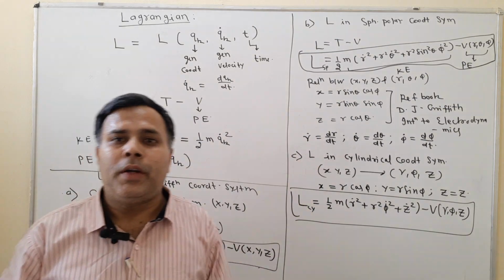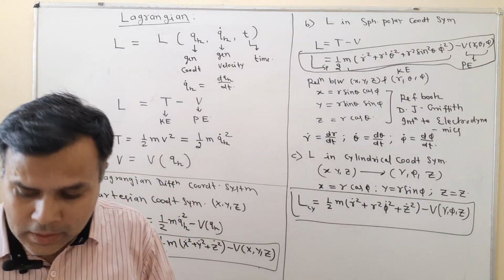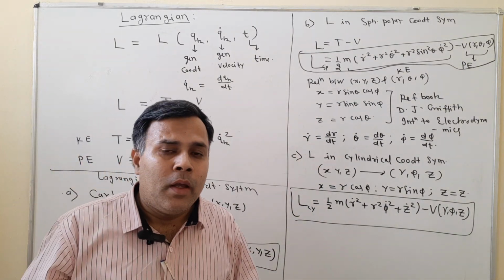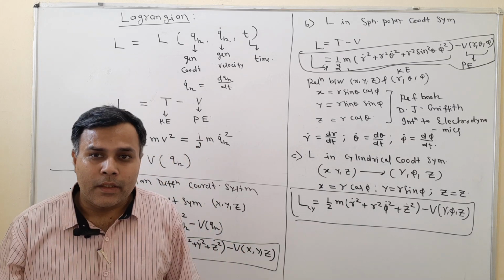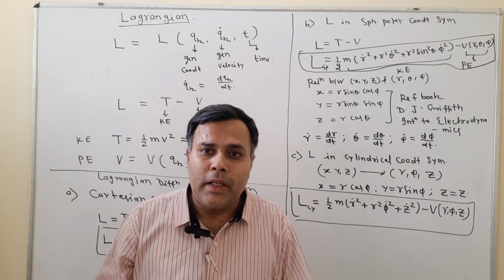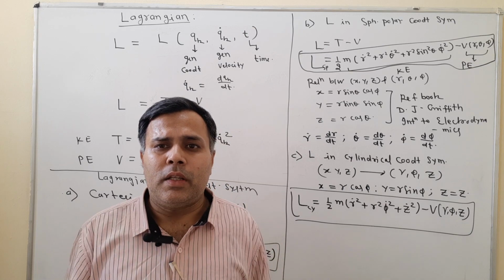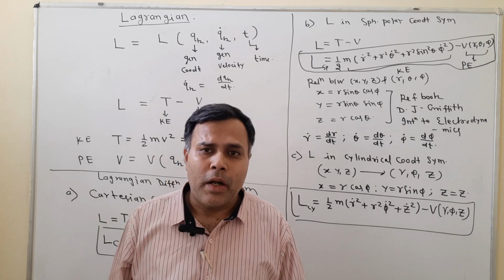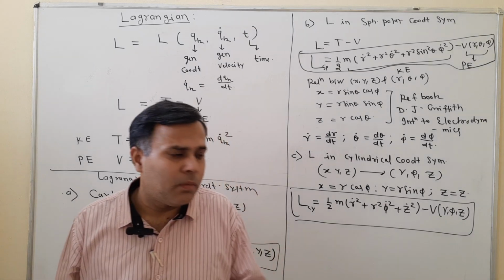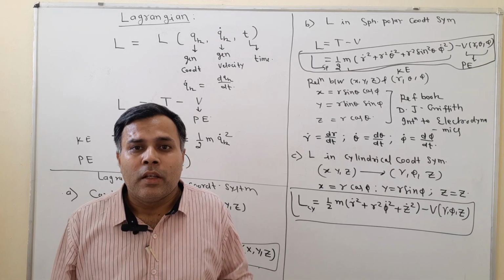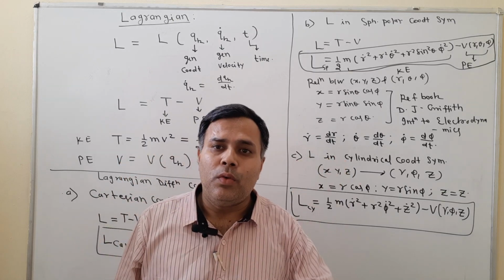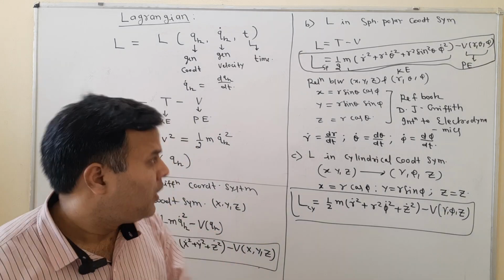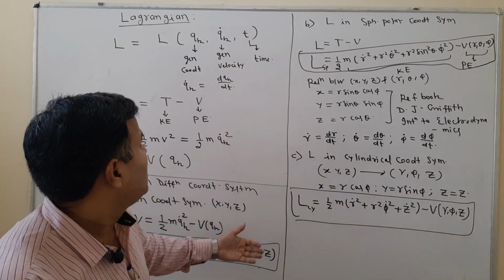So we have three different profiles of Lagrangian. Depending upon the system we have different profiles of Lagrangian, and once we know the Lagrangian then we can predict each and everything about the dynamics of our particle, or the mechanics of the particle. So the Lagrangian is a very important tool to analyze the mechanics of a particle. It's all about the Lagrangian.